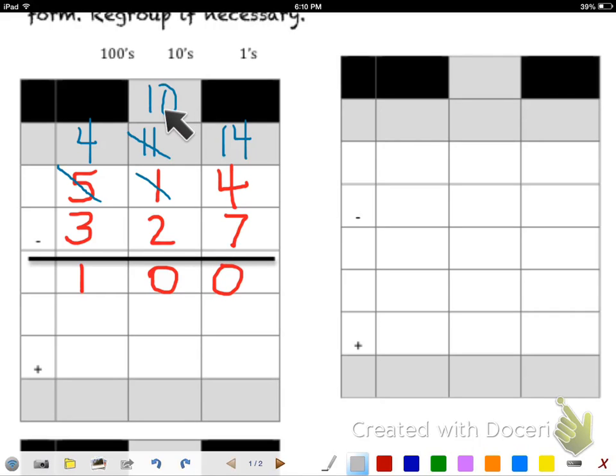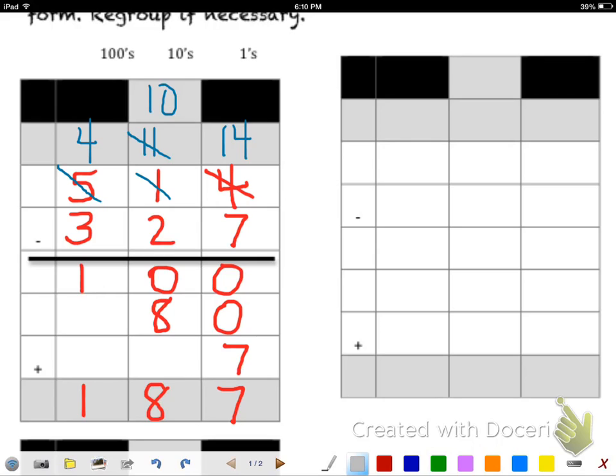Now we have 10 tens, which is 100, minus 2 tens, which is 20, so that's 100 minus 20 will give us 80. And we have 14 ones minus 7 ones. That'll give us 7 ones. We can now add up our expanded form, and that will give us 187.